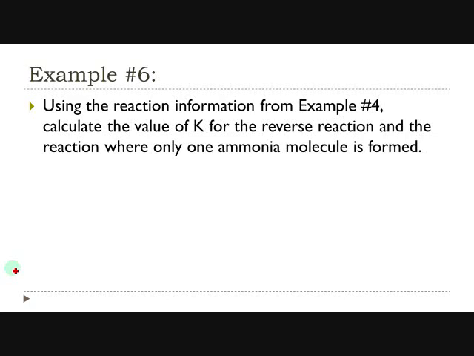That is for the synthesis of ammonia, and that equation is N2 plus 3H2 makes 2NH3. In example 4, we found that the equilibrium constant K for this reaction was 3.8 times 10 to the 4th.